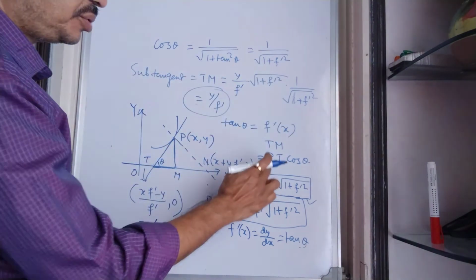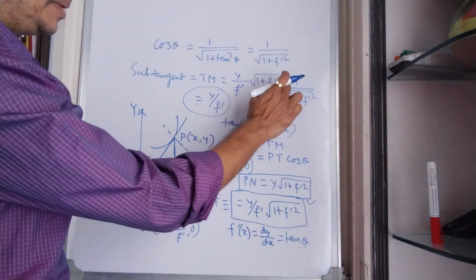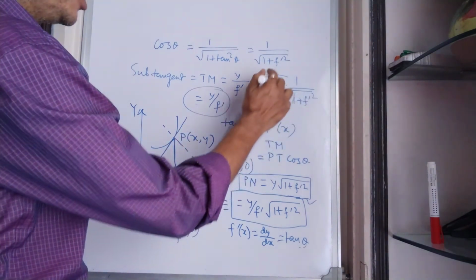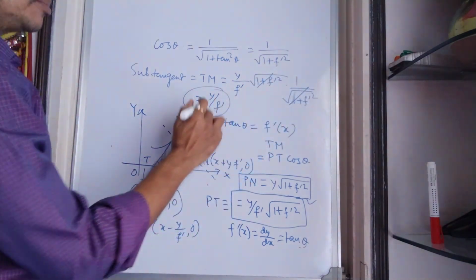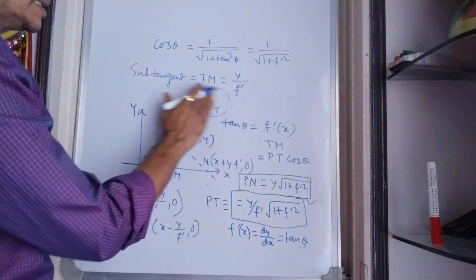You can easily follow: Pt cos theta is TM, and Pt is y by f prime root over 1 plus f prime square, and cos theta is 1 by root over 1 plus f prime square. So they both cancel out and it becomes y by f prime only. So this is the value of the subtangent.